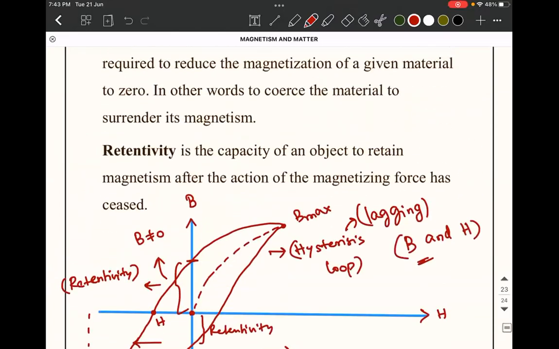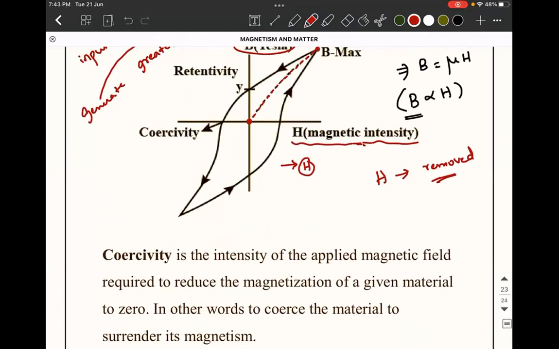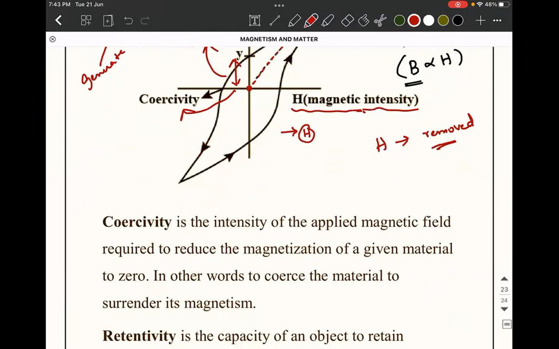So here we need to see two names, which are retentivity and coercivity. First we will see what is coercivity. So please write it down.